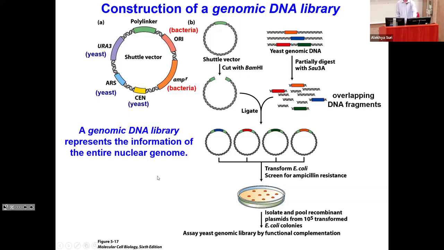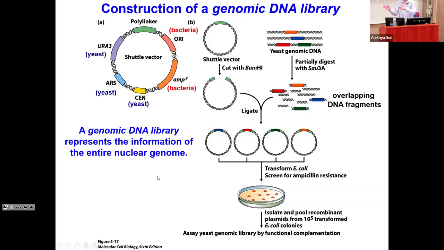You would put this plasmid DNA in a first step into bacteria and then into yeast. This is just a routine step to amplify the DNA first, and then you can use it in yeast. I mean, this is yeast as an example.